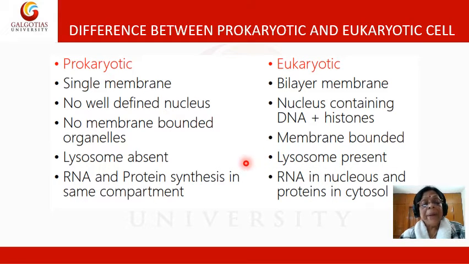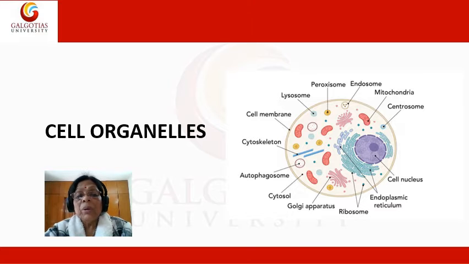Now, in prokaryotic cells RNA and protein synthesis take place in the same compartment. But in eukaryotic cells, RNA is synthesized in the nucleolus and proteins in the cytosol or cytoplasm. Now, let us discuss the cell organelles.